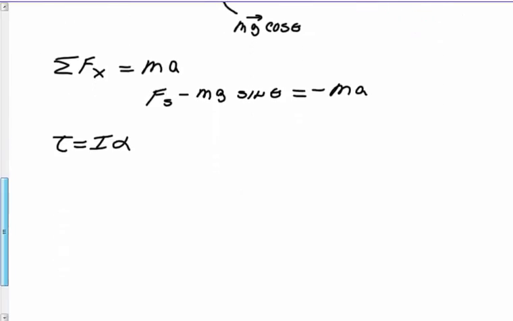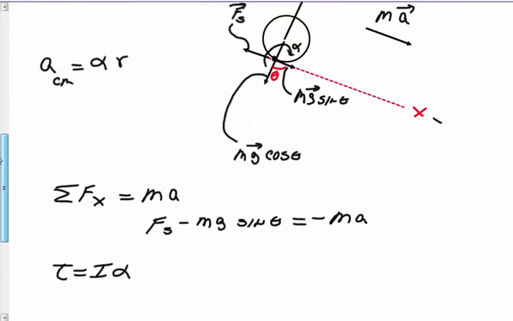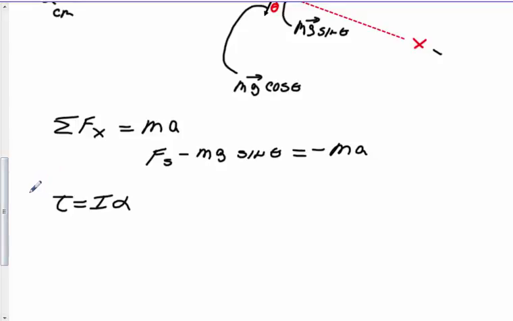Alright, so we'll go back to the torque equation. What is our torque? I'm going to do it this way. Anything that goes this way, I'm going to make negative. On this side of the equation, I'm going to have my static friction times the radius of the basketball. We'll make that negative because it's creating a clockwise torque, and it is equal to the moment of inertia.